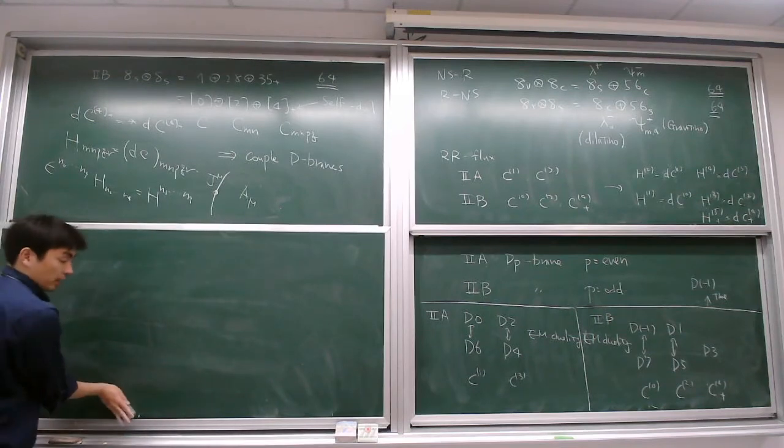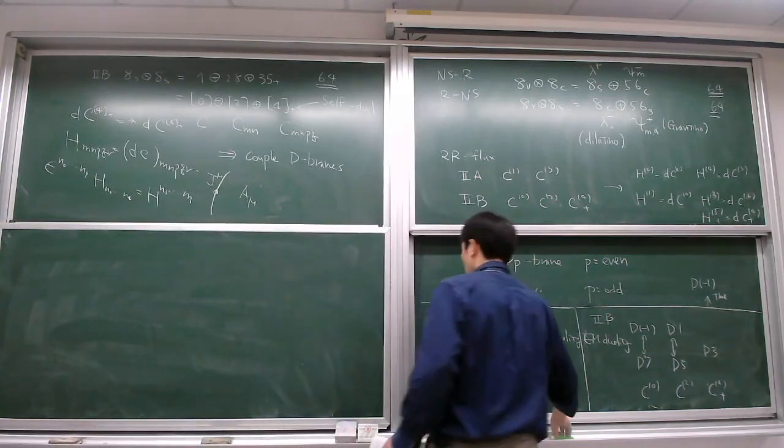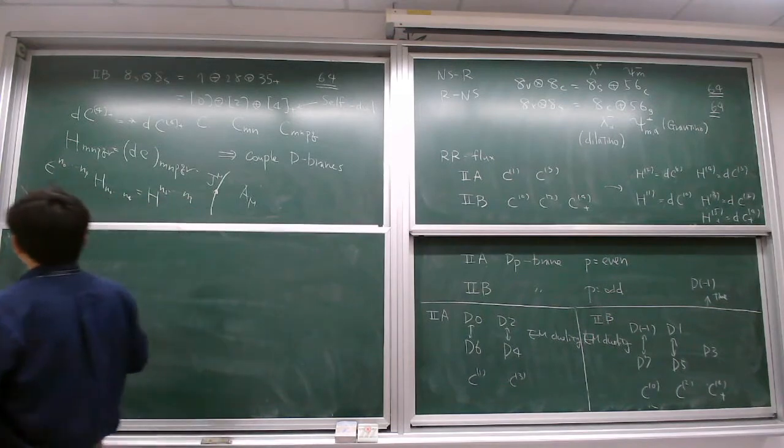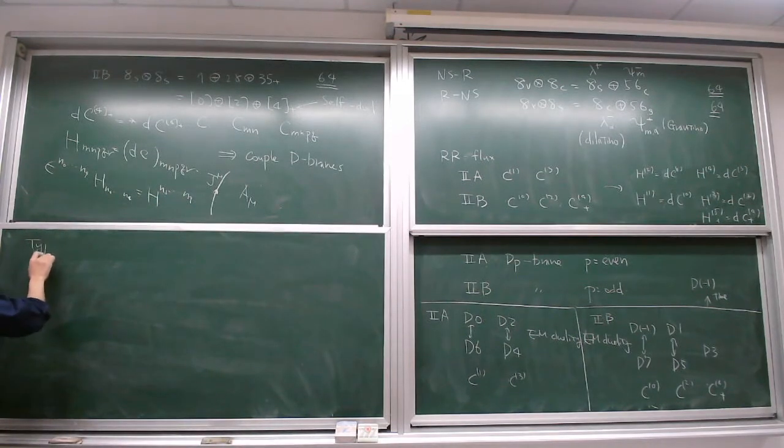So before going further, this is the extended object. So in type 2, D equals 10. So it's an extended object.